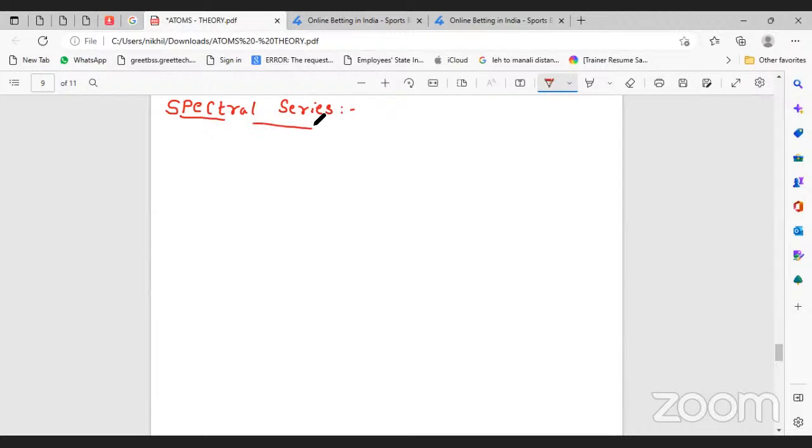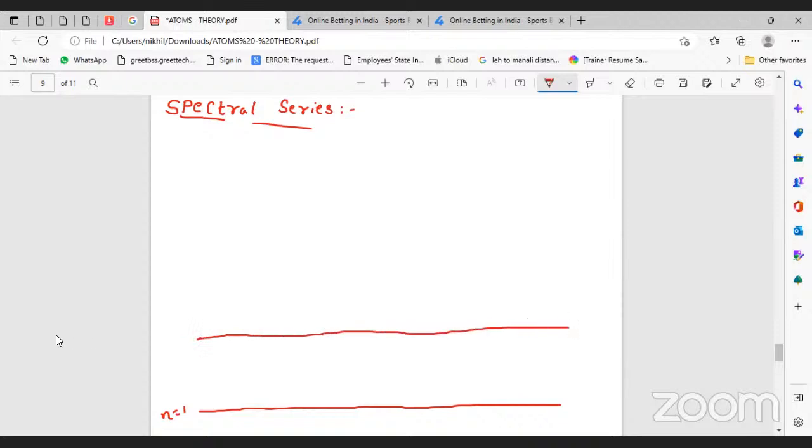Now, in order to explain the spectral series, let me consider the first orbit. This is the first orbit. This is the second orbit. This is the third orbit.